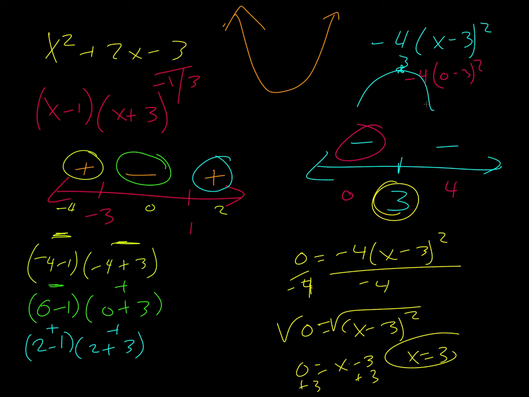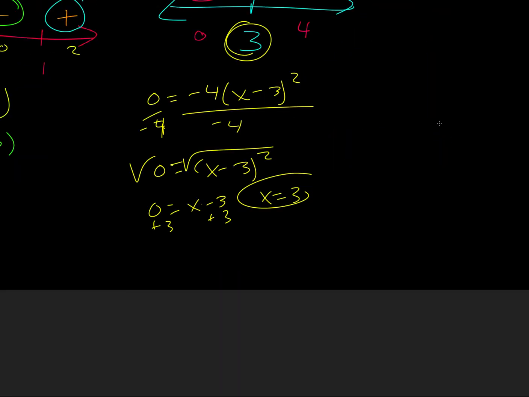Now if we plug in a 4, we get 4 minus 3 squared. That's 1. 1 squared. 1 times -4 would be a negative answer. And so we end up with the same sign diagram. So once again, doing it conceptually is faster, but it's also potentially confusing. And so just do whatever makes sense to you.